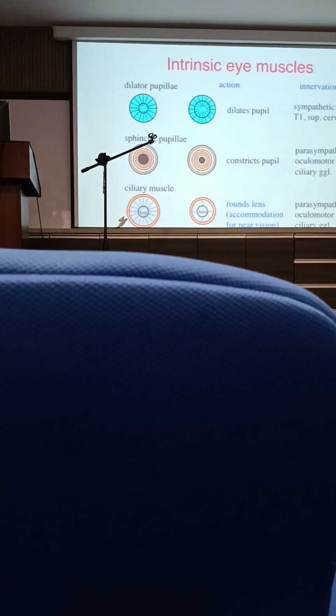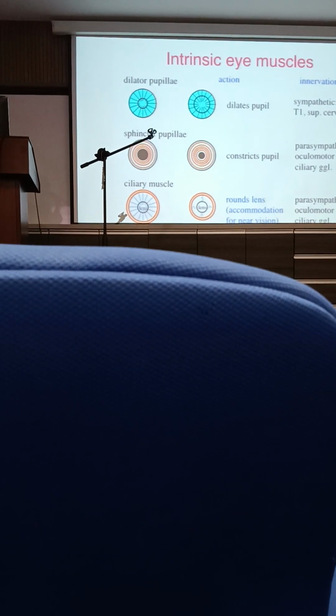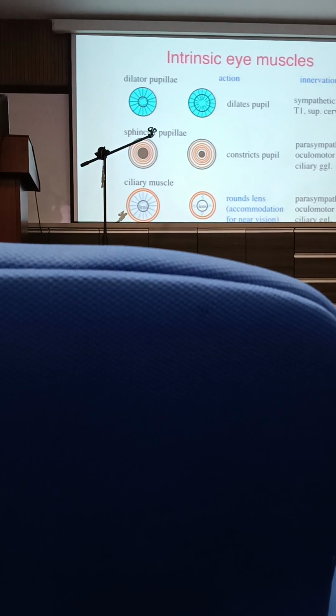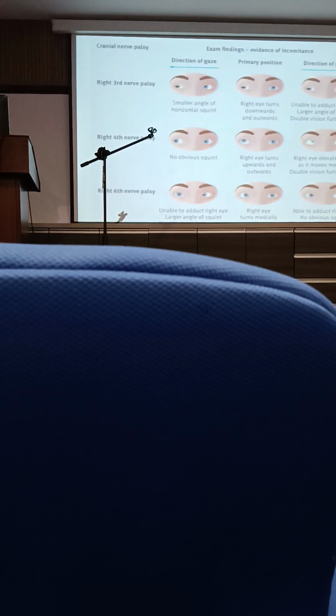This is sympathetic, this is parasympathetic. And then you have the ciliary muscles, which control your accommodation for near vision. These are, roughly and briefly, the abnormalities that you need to look for.